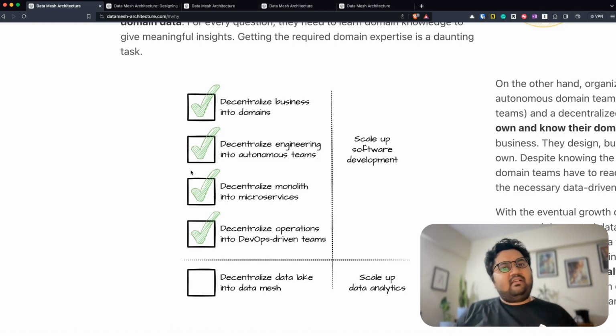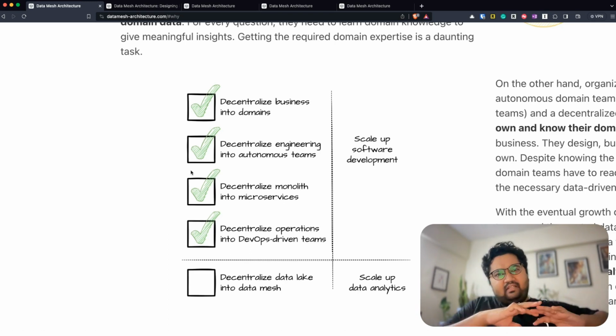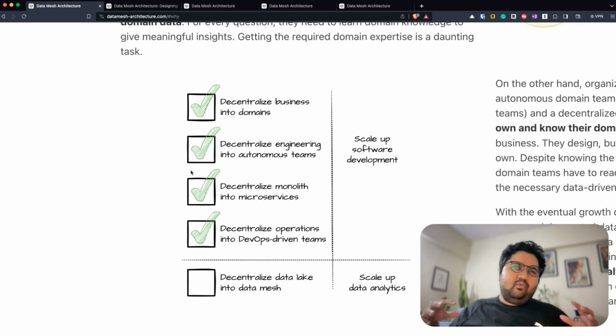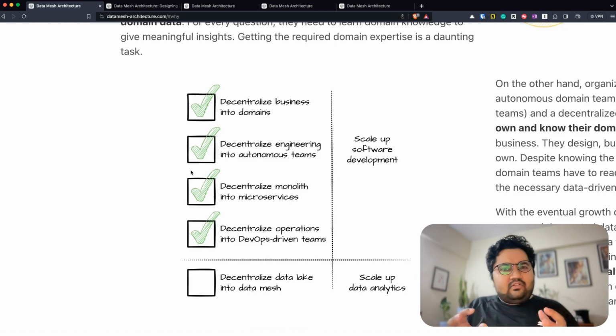There has been decentralization of different engineering teams into specialized teams called product teams and stuff like that. Operations have been broken down into DevOps and SRE and chaos engineering teams and whatnot. And also from a technology standpoint and design standpoint, monoliths have been broken down into microservices, or let's say smaller systems, if not only microservices. By the way, I've done a very exhaustive video, and a couple of them, around this topic. Do check that out. I'll link somewhere above.